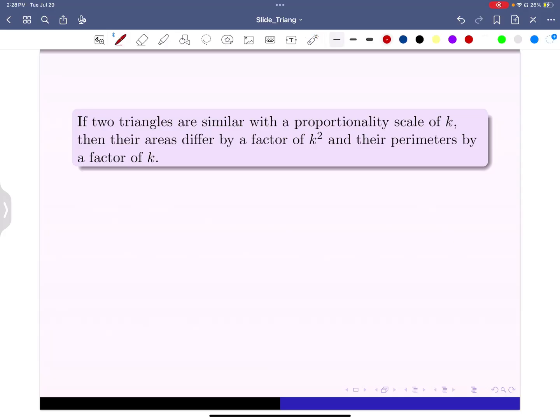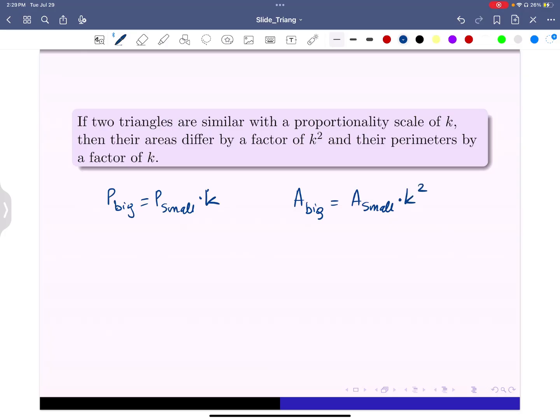So in other words, perimeter big is equal to perimeter small times k, so this is the multiplication, but area big is equal to area small times k squared.